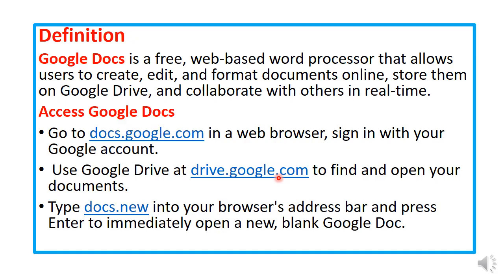A web browser is an application or software helping internet users to access the internet. I can give you some examples of web browsers: Google Chrome, Microsoft Edge, Safari, Opera Mini, and so on.